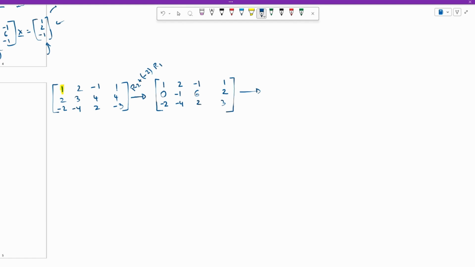Now the pivot is still this. We need to make the last element 0. What is the operation that we need to do? So we need to modify row 3. So this will be R3 plus 2 times R1. The first two rows remain the same: 1, 2, minus 1, 1, 0, minus 1, 6, 2. This will be 0. What about the other three elements?